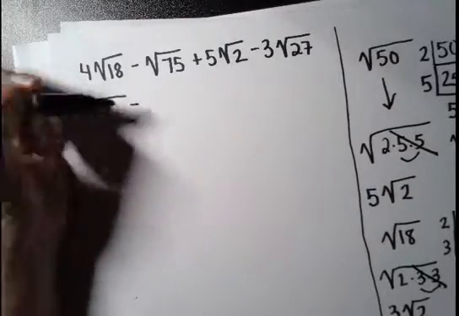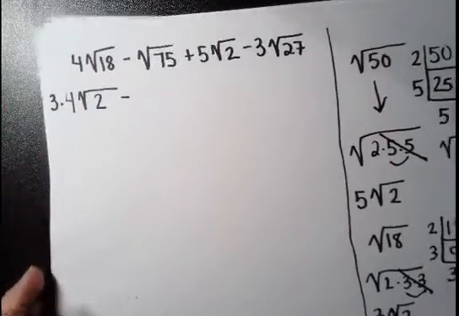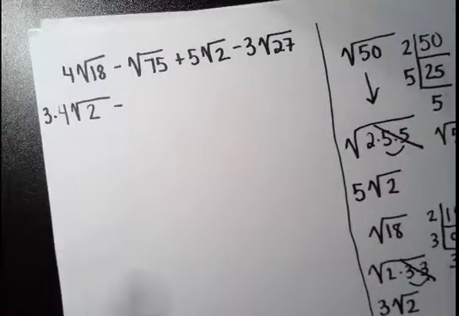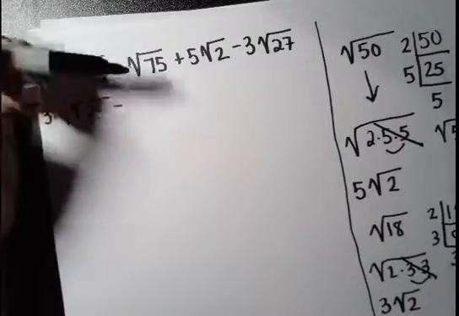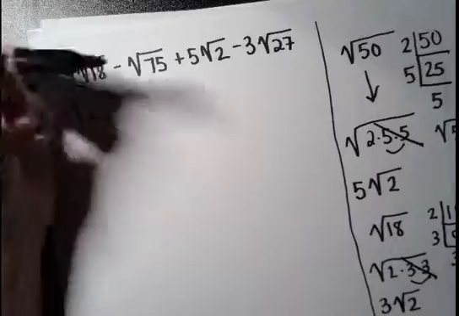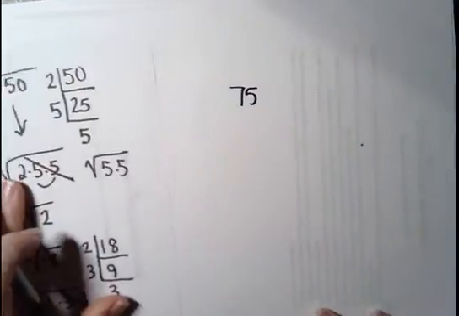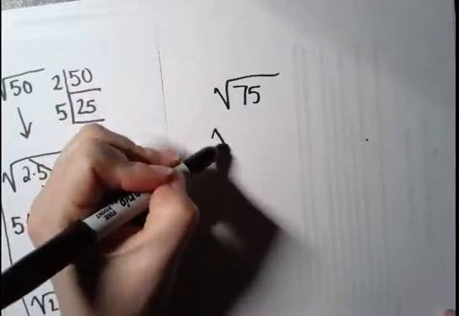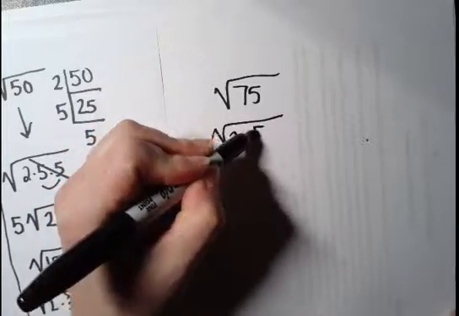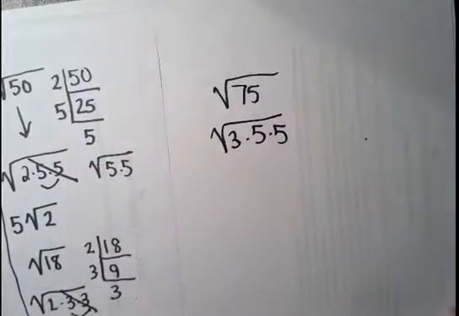And I'm going to continue doing this for all of my numbers here that have squares as factors. So 75, we'll do this on some scratch paper. The square root of 75 is the same thing as 3 times 5 times 5. That's the prime factorization.